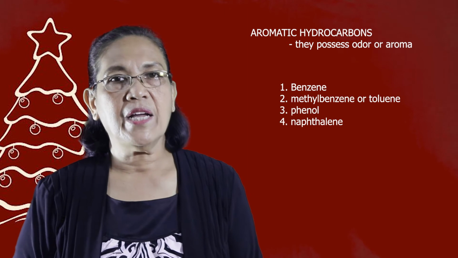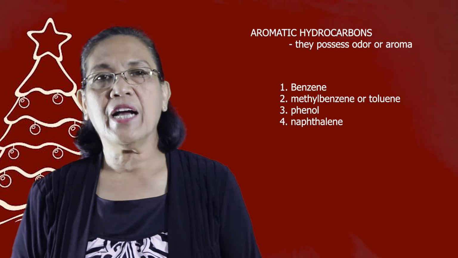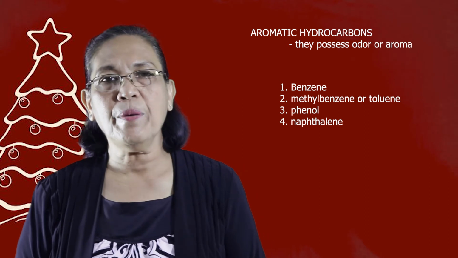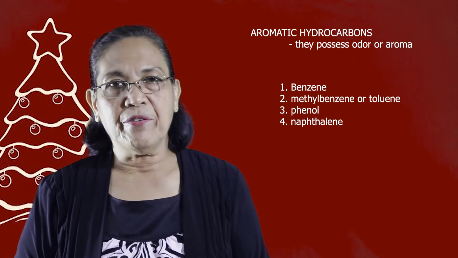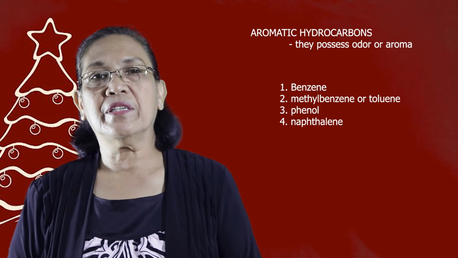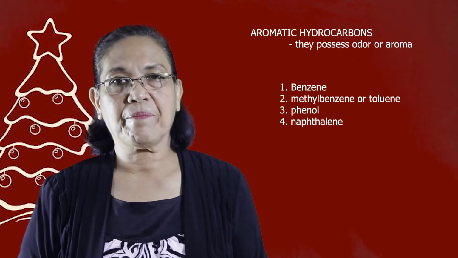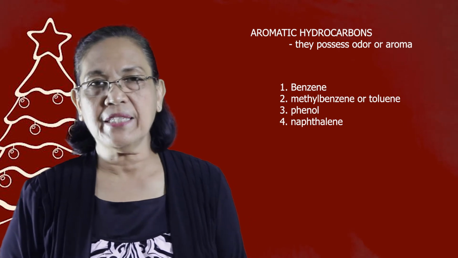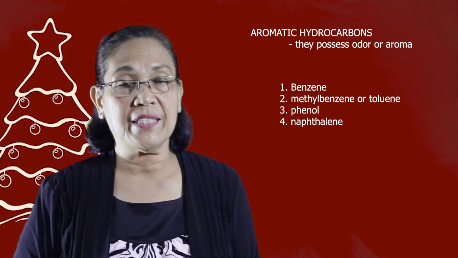Then this is called aminobenzene or aniline. Now, if we fuse 2 benzene rings, the aromatic compound is called naphthalene. If we fuse 3 benzene rings, it is called anthracene.